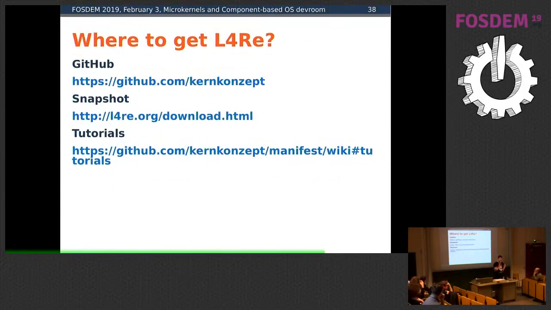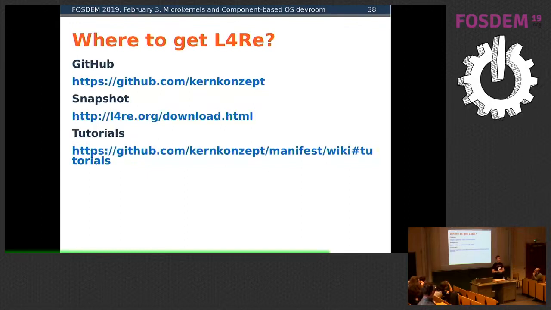Now I basically deliver this presentation because over the last year there has been effort to move some of the L4Re components to GitHub. And previously, they had been available in so-called snapshots, which are still available.